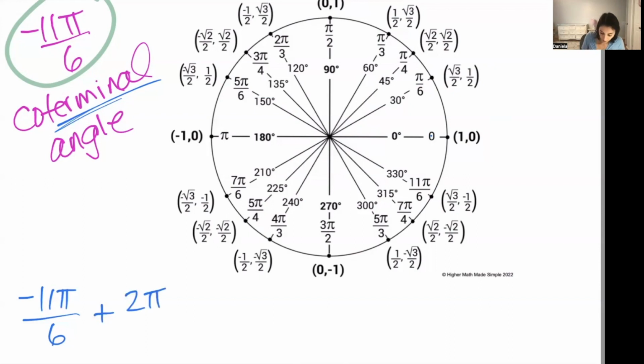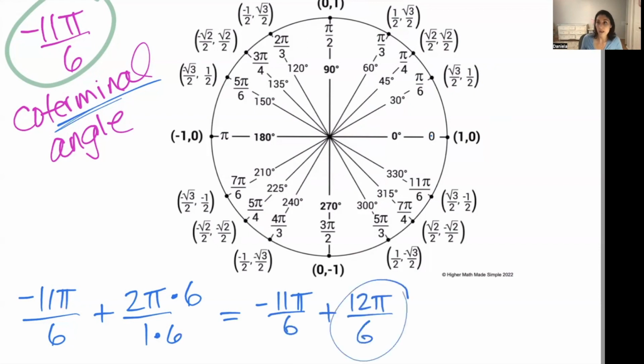When adding and subtracting fractions, you need a common denominator, right? So we're going to multiply top and bottom by 6 here. Multiplication before addition. So I'm just going to copy that, negative 11 pi over 6. 2 pi times 6 is 12 pi. 1 times 6 is 6, right? To do a quick check, 12 divided by 6 does give me 2. So when we have common denominators, now it's time to combine the numerators.